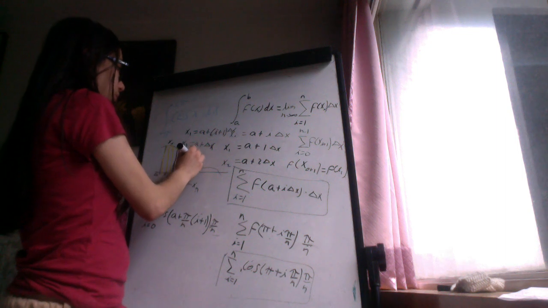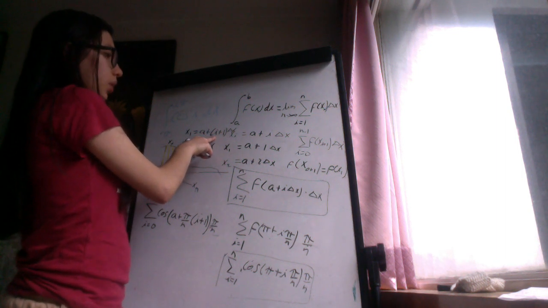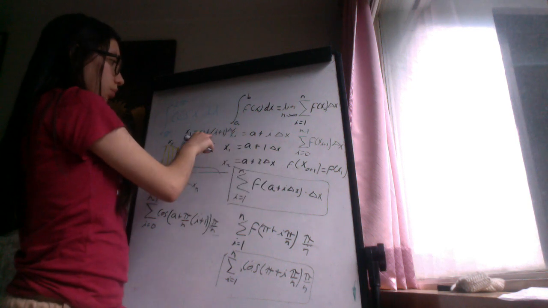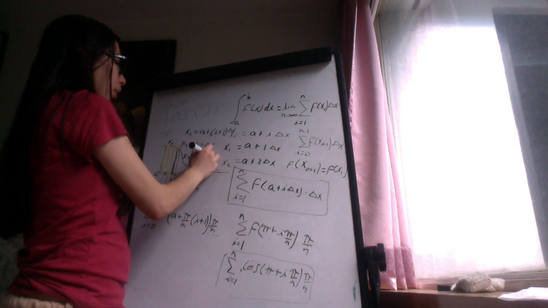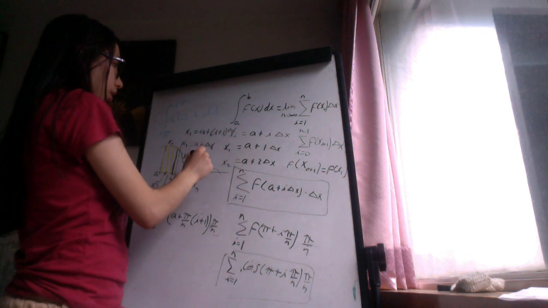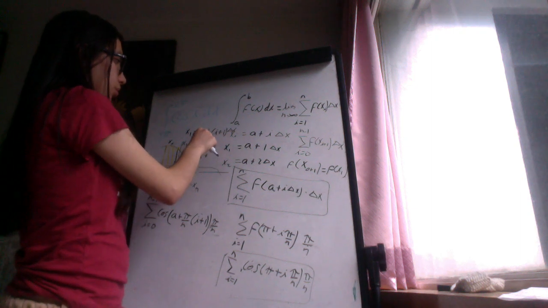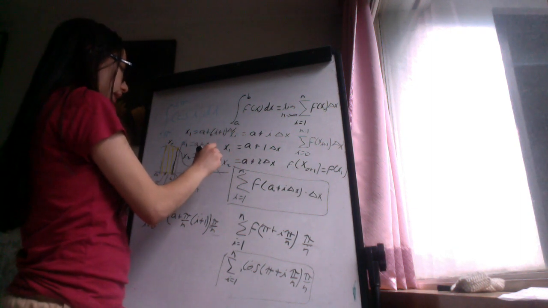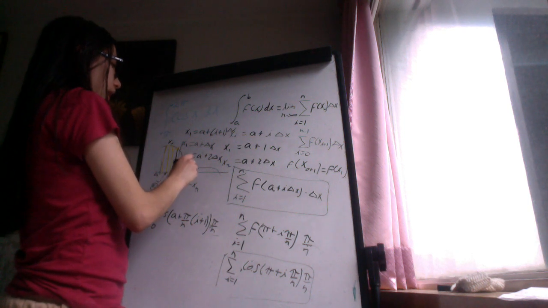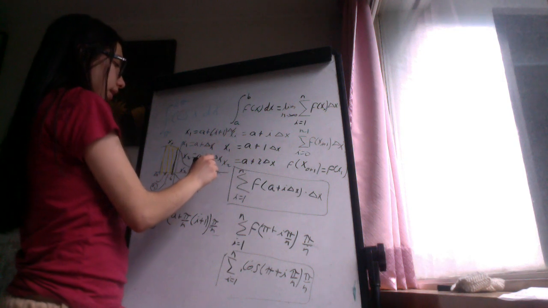For x sub 2, we have i equal to 1, because we're in the second term beginning from 0, so x sub 2 is a plus 2 delta x. X sub 3 will be a plus 2 plus 1, 3 delta x.